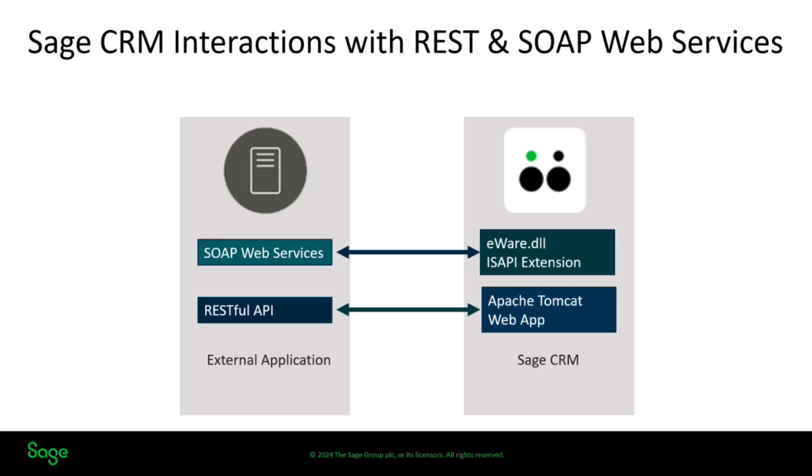In the case of Sage CRM, our two web-based APIs are the REST API and the SOAP web API, and in both cases they are completely able to do any of the data tasks that we would want to do in terms of the insertion or editing of data. There are limitations with each API, and I'll discuss some of the considerations around the SOAP API as we are talking today.